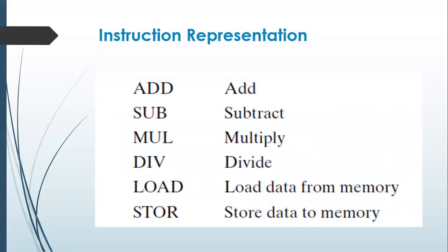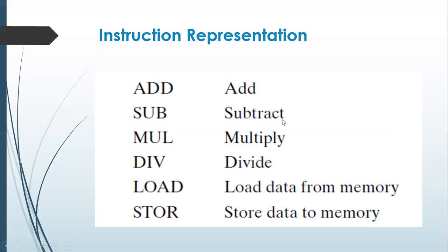Now let's see how the instructions are represented in your machine level language. The instructions will be represented something like this. If you want to add two numbers, that will be ADD. We are just using short forms.